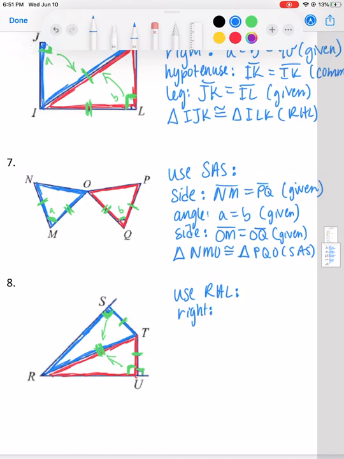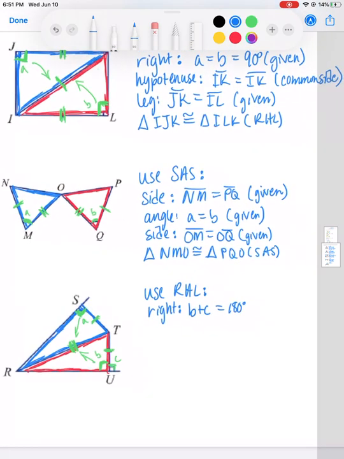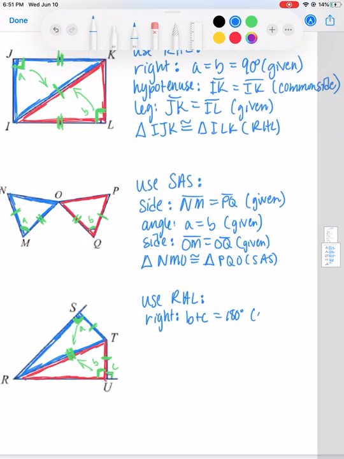So the right angle is the first thing that we're going to do. In the right angle category, I know that angle RST is right. We're going to call that angle A. This one we'll call angle B. But angle B I don't know is right. So we're going to call this one angle C. I know that B and C are angles on a line, so B plus C is equal to 180, from angles on a line. I know that C is 90 degrees already.